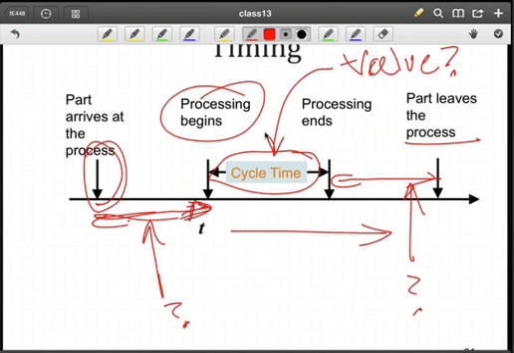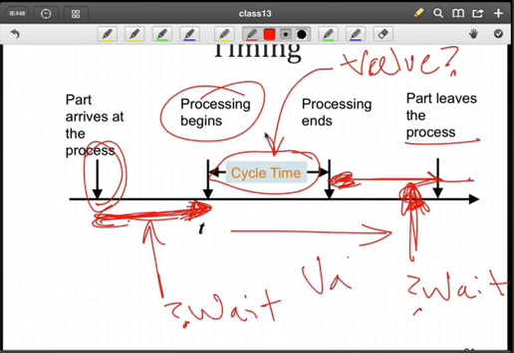And most likely, that's due to the fact that there's already a part that is being processed, and so we're going to have to wait some period of time. This time interval is most likely due to the fact that we cannot leave the process because we're waiting for space and or a material transfer device to go to the next process. And so we're going to end up waiting and waiting.